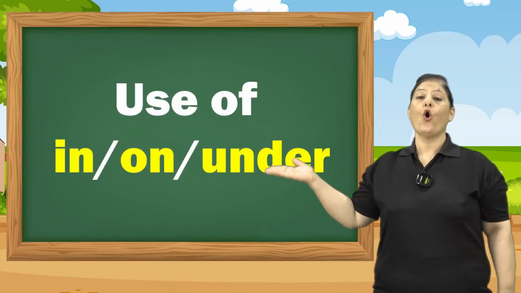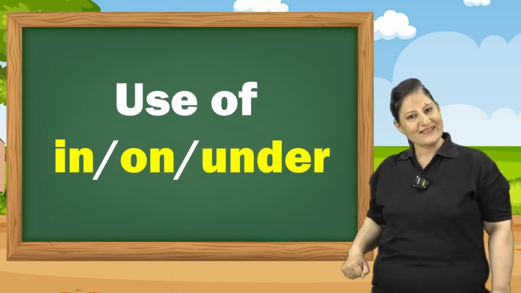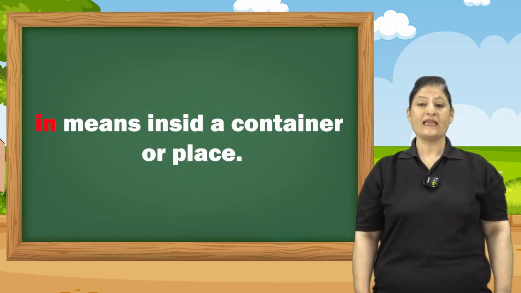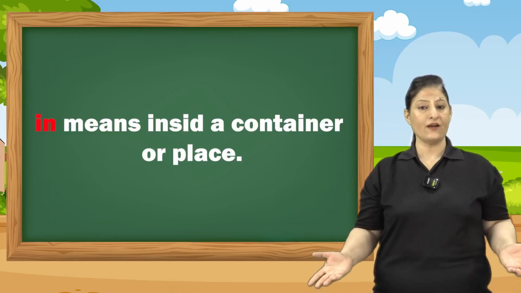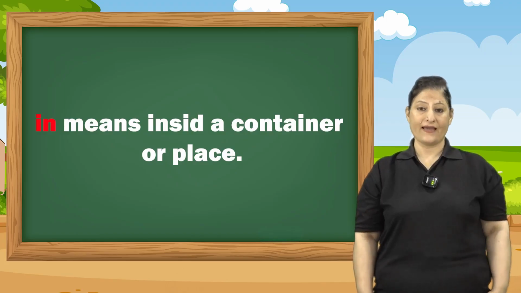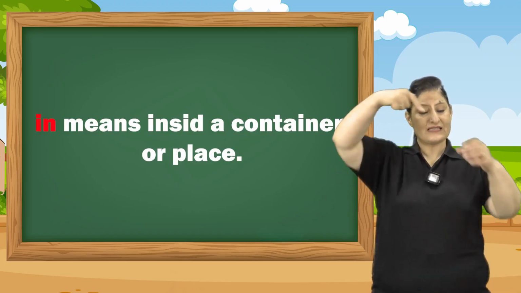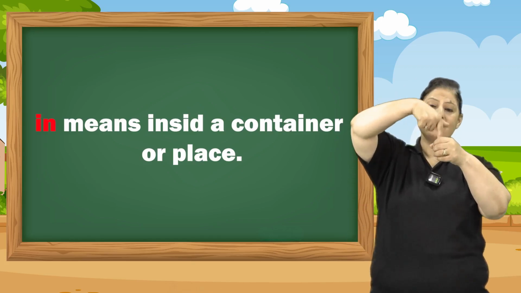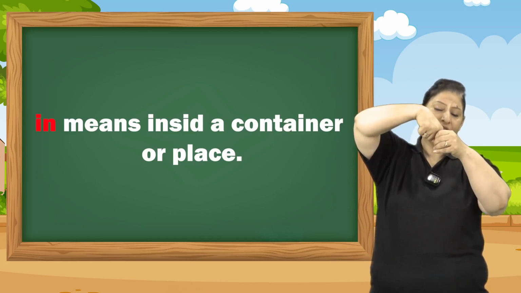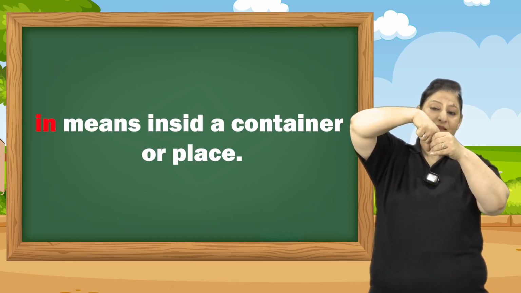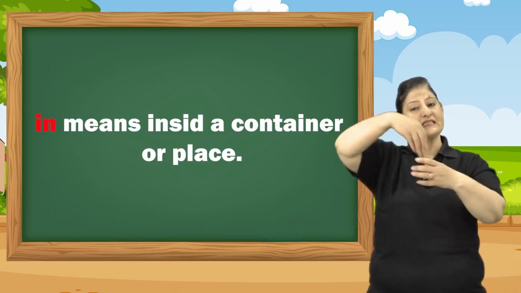In today's class, we will learn the use of in, on and under. In means inside a container or a place. Like my finger is inside the another finger. Yes, in means inside.